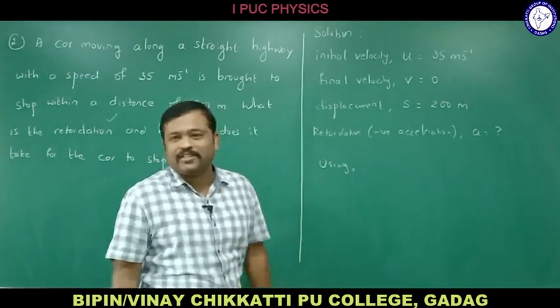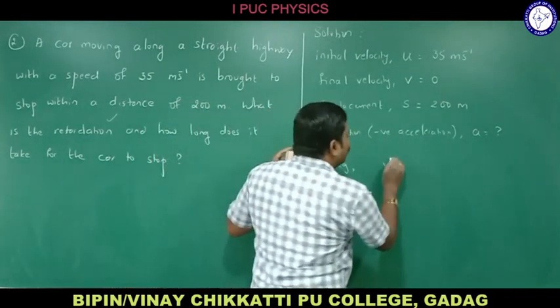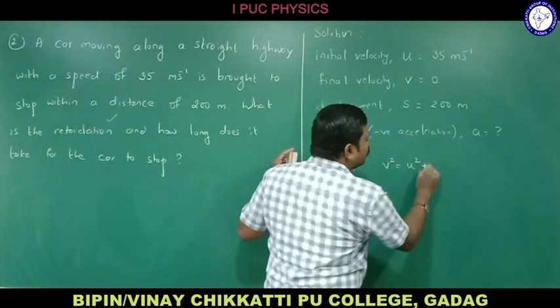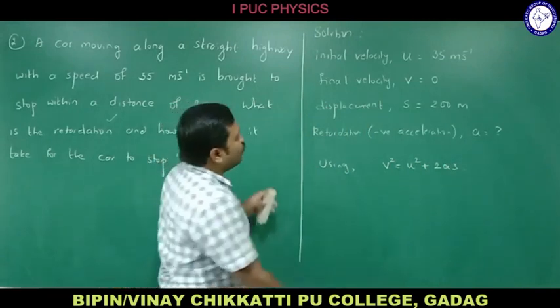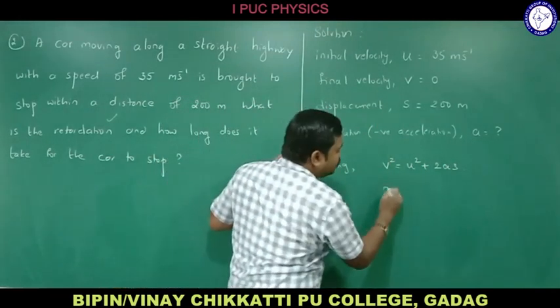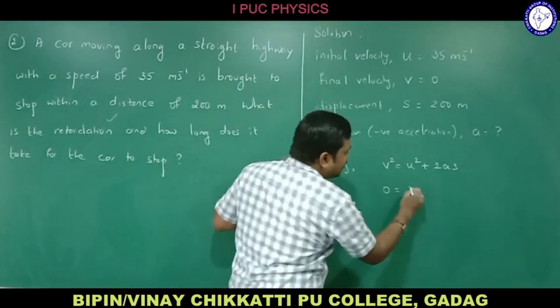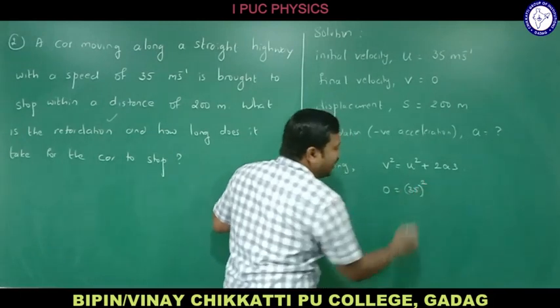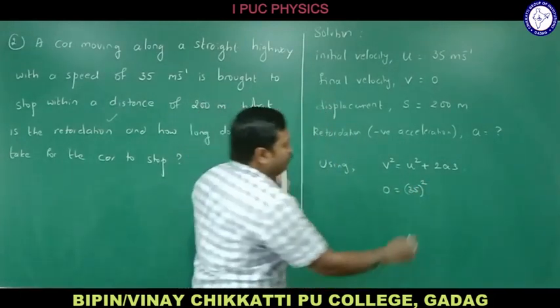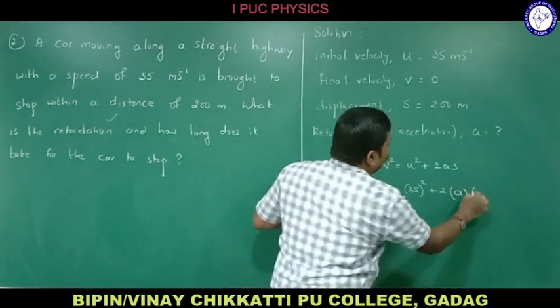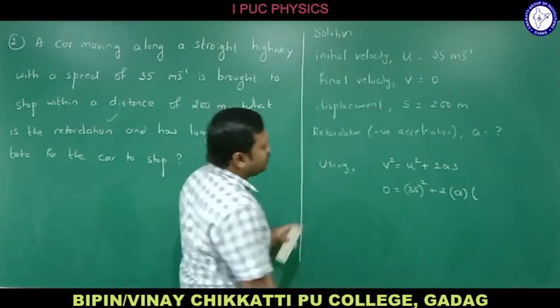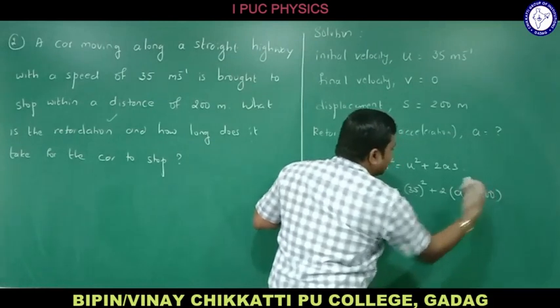So let me move on to the third formula: v square is equal to u square plus 2as. Shall I use this? v square, final velocity 0. Initial velocity 35, so 35 square, plus 2 into acceleration, that we need to calculate, into s, which is 200.